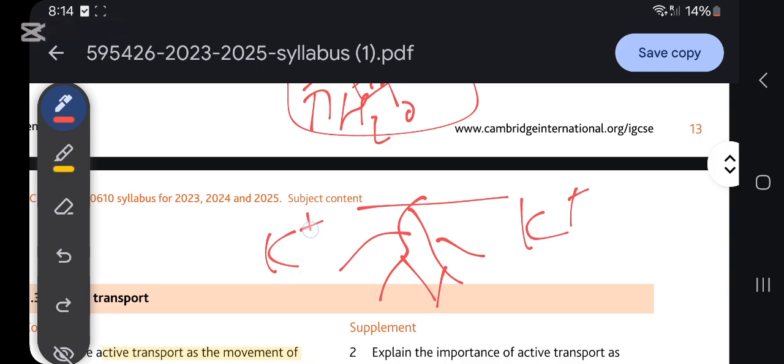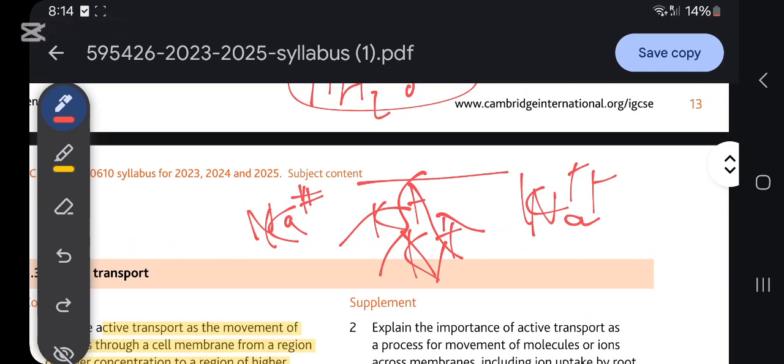There's less outside and there's more in the root. The root needs the most amount of the potassium, so it's going to absorb it by active transport.